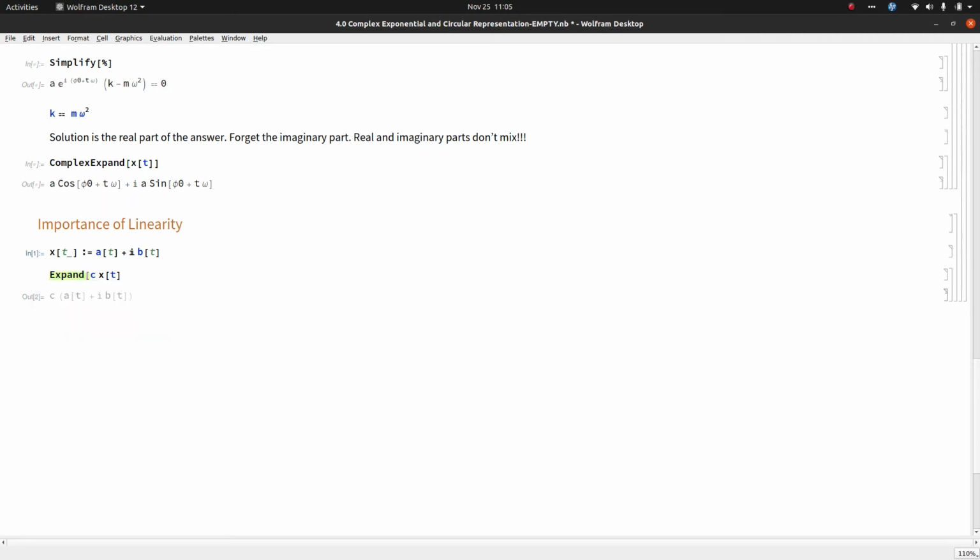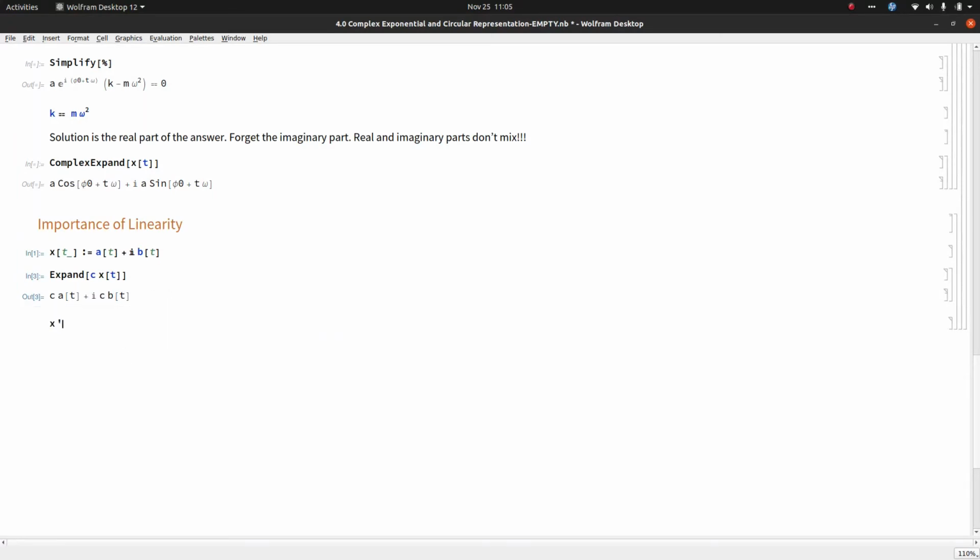Let me expand this so you can see that. All it does is multiply a constant by the real part to get another real part. This is assuming we have a real constant that I'm multiplying by. Real constant times real number gets another real number. Real constant times real number times imaginary number gets you an imaginary number.